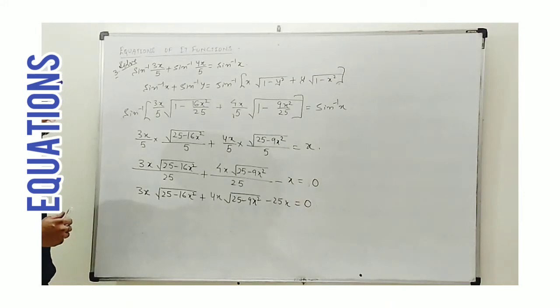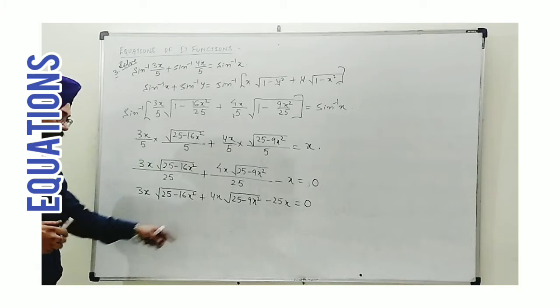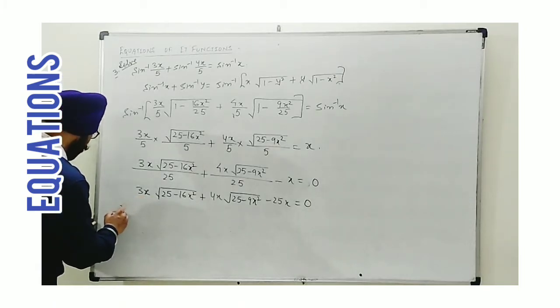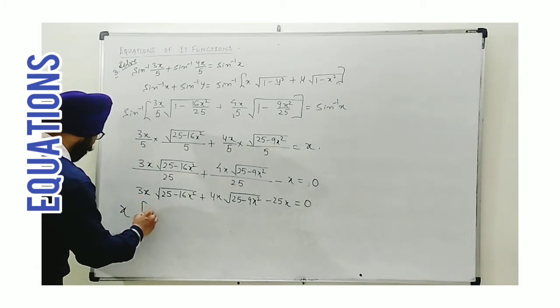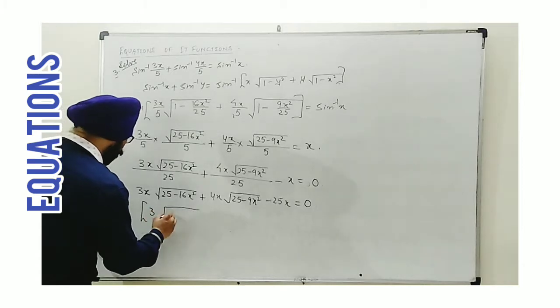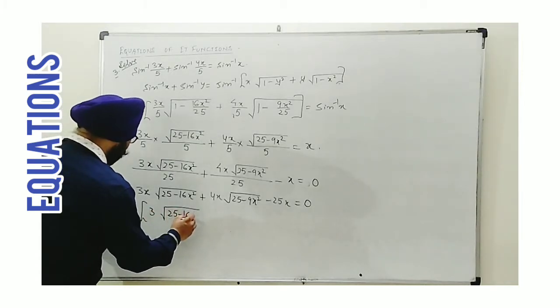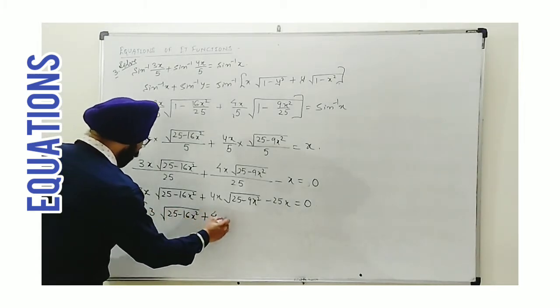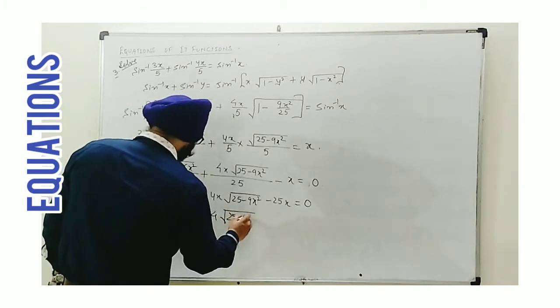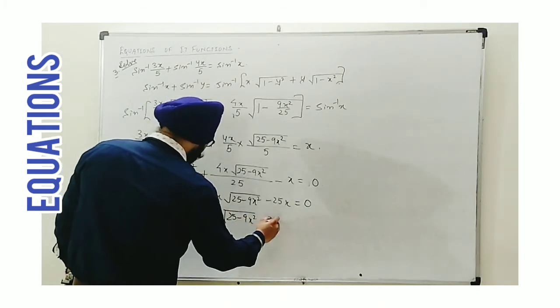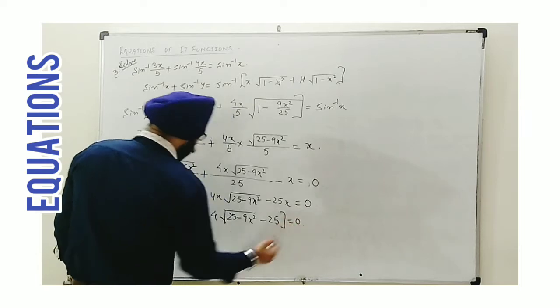Now further, what can we do? Don't cancel out x. Take x common. When we take x common, we have thrice root 25 minus 16x square plus 4 times root 25 minus 9x square minus 25 equal to 0.